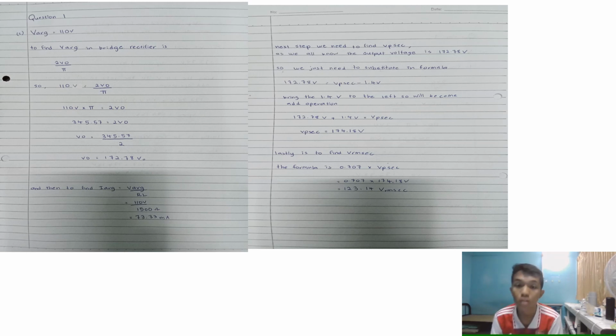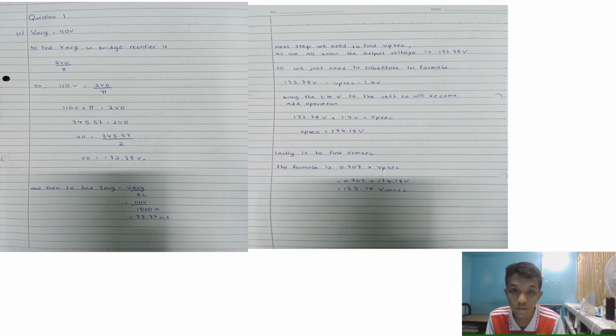Next step, we need to find VP secondary. As we know, the output voltage before is 172.78 volt. V out is equal to VP secondary minus 1.4 volt for a full wave bridge rectifier.